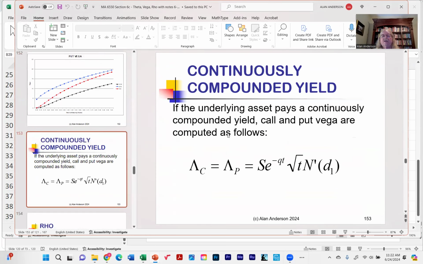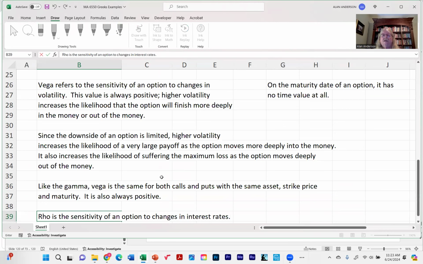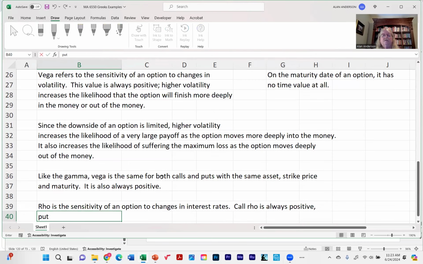And that leaves the last one, which is probably the least important. Rho is the sensitivity of an option to changes in interest rates. Call rho is always positive and put rho is always negative.